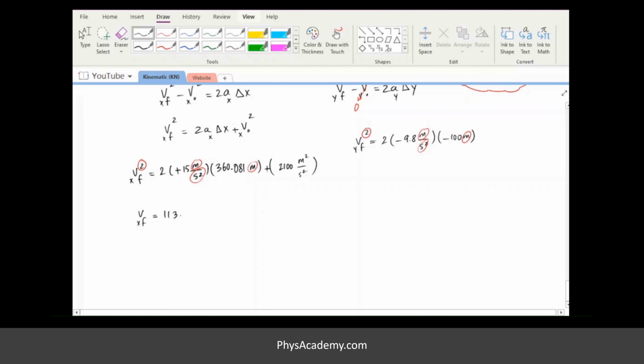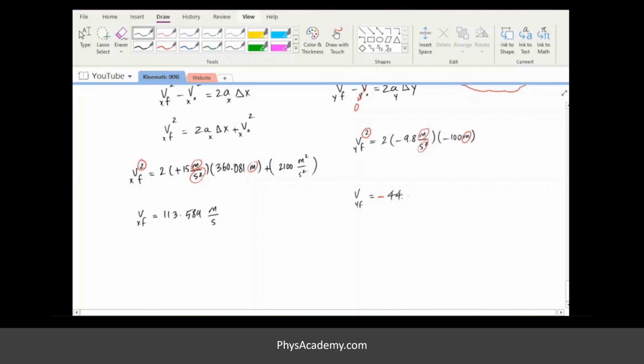So the final value of the x component of the impact velocity is 113.589 meters per second. For the y component, we have a negative 44.272 meters per second.